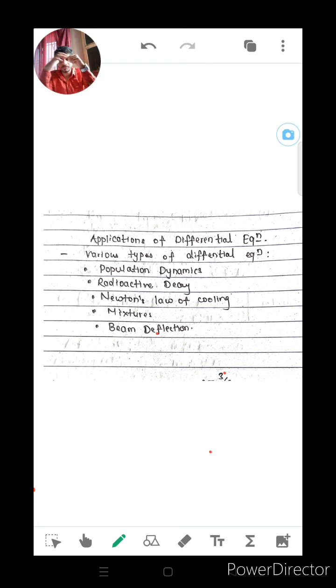There are enormous applications of differential equations, such as population dynamics, radioactive decay, Newton's law of cooling, mixtures, and beam deflection. Today, mainly, we'll be discussing beam deflection, which is the approach to civil engineering. So, without any delay, let's have some discussion.